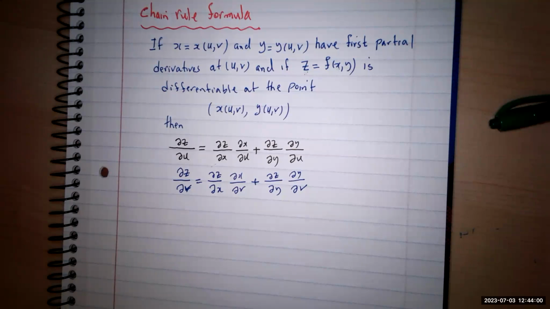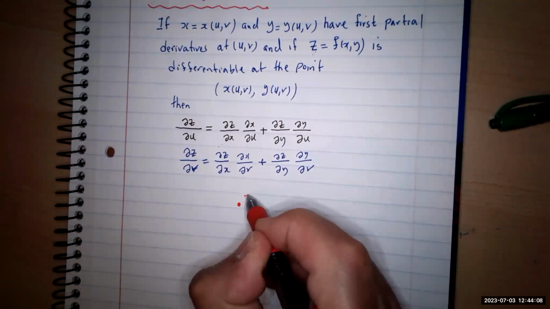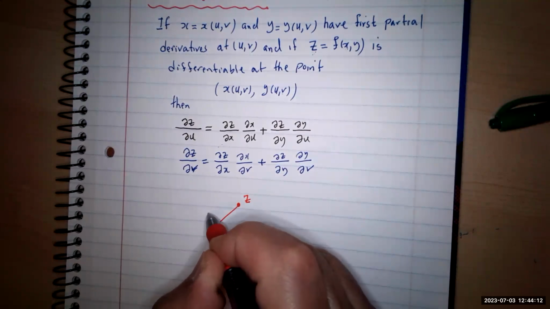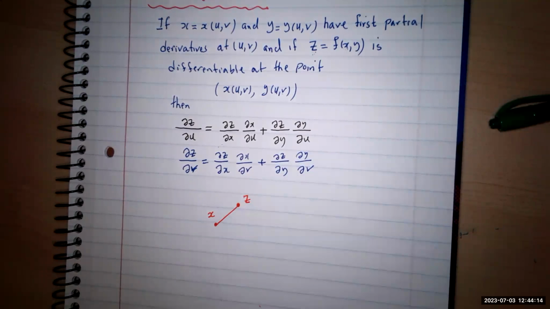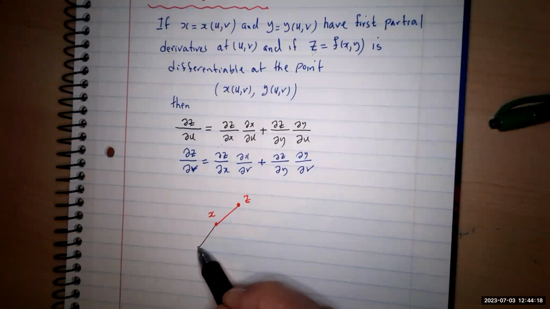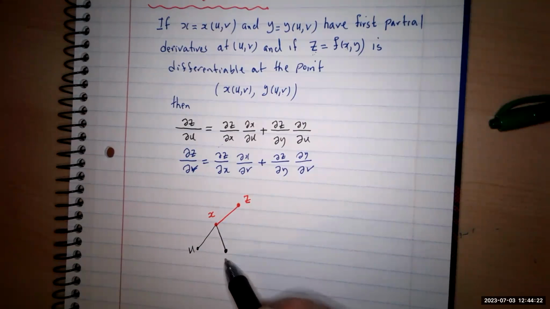In your book, they give you a diagram. I just write it down to explain it, but otherwise we are not going to use it. You see, this is the way they describe it for you. This is z. z is a function of x, but x is a function of u and a function of v.